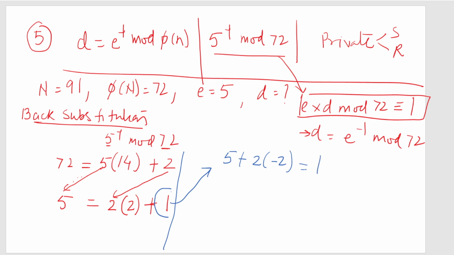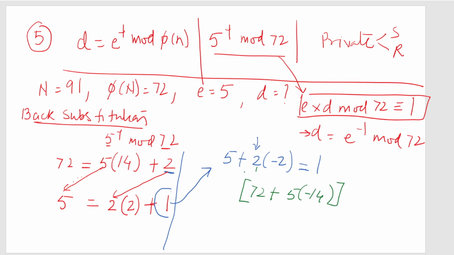In this equation I have this 2 here, and the same 2 can be replaced. So we will write this 2 as 72 plus 5 times minus 14. This is the 2 value.